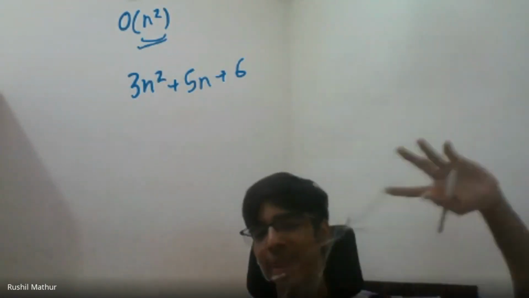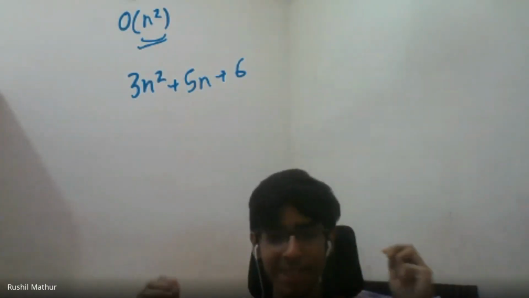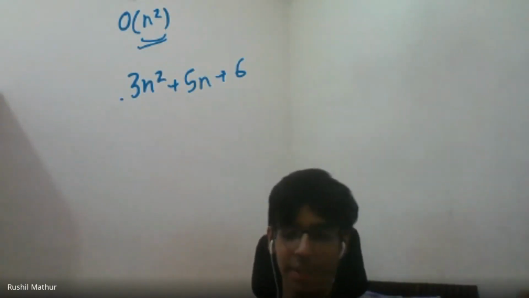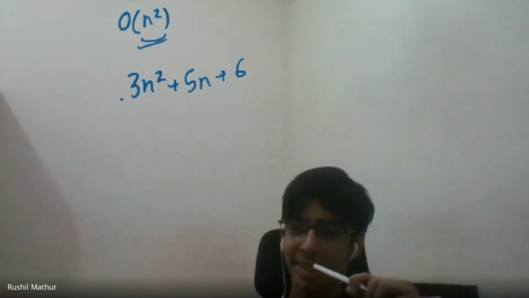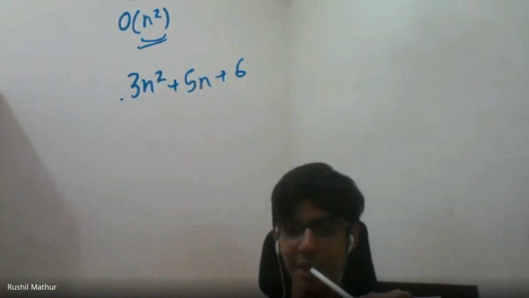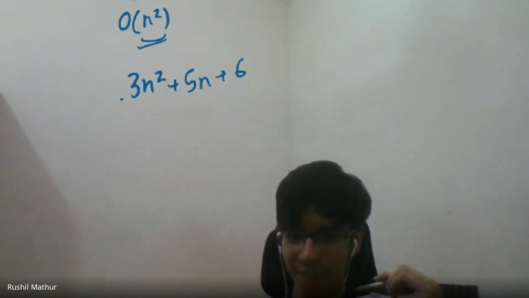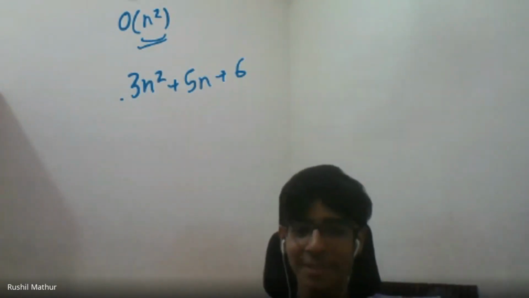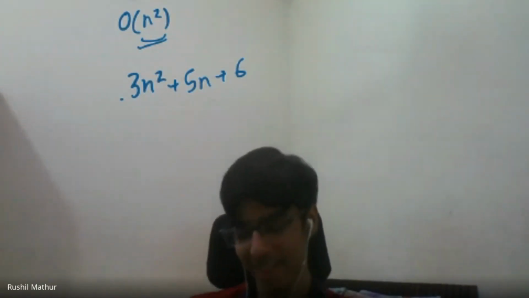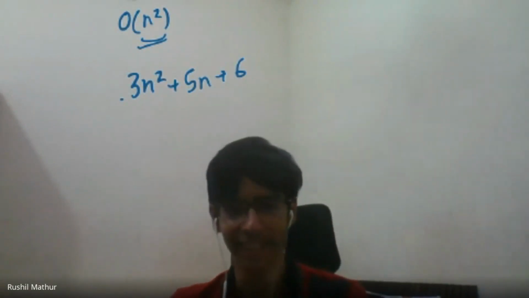As n becomes very, very large, all of these factors will become irrelevant, and what will matter is your n square. And even this 3 will become very small in front of your n square. So it's not exactly how fast it's changing or what's the rate of its change, but it gives you the general idea of it. I don't know how to explain it better than that, but I think people get a general idea.